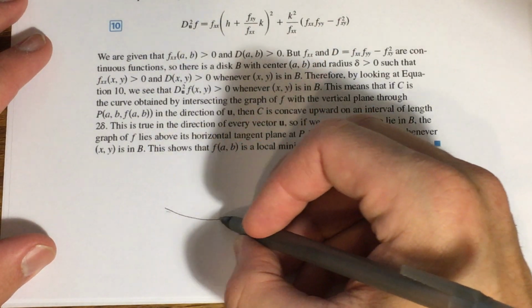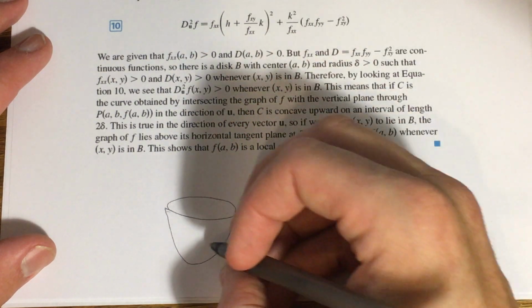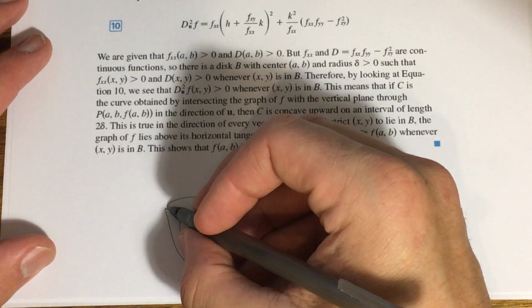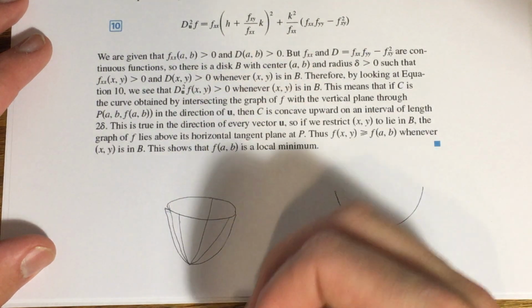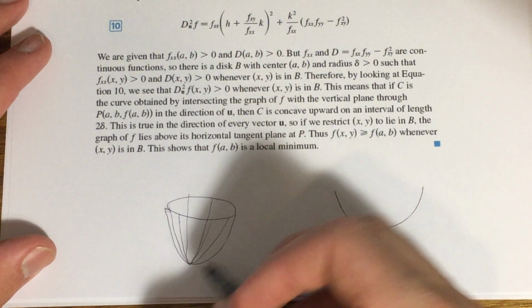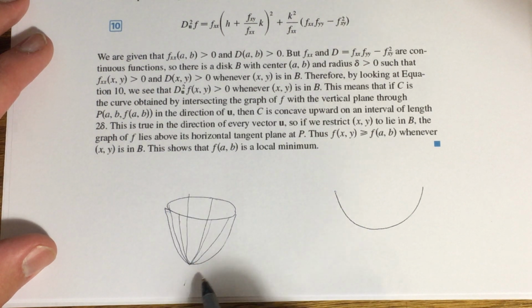Well, one such surface is something like a paraboloid. Every cross section of this paraboloid, no matter how you take it, is concave up, regardless of the direction at which that cross section goes through, provided it passes through this vertex.